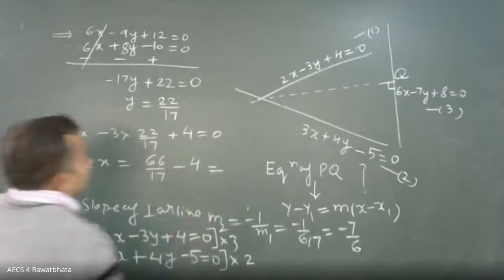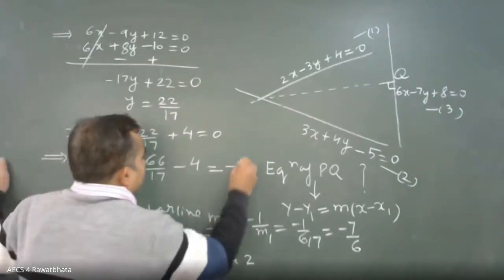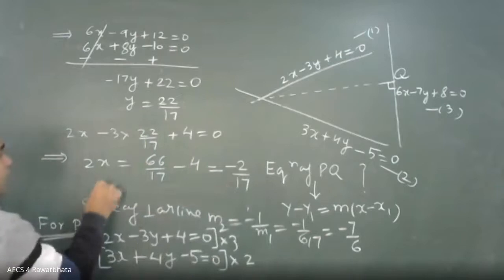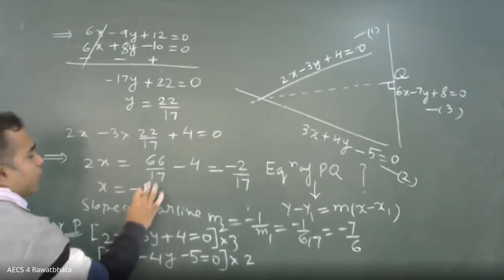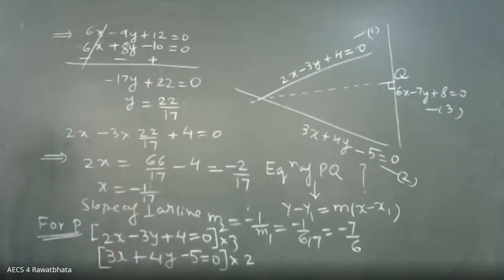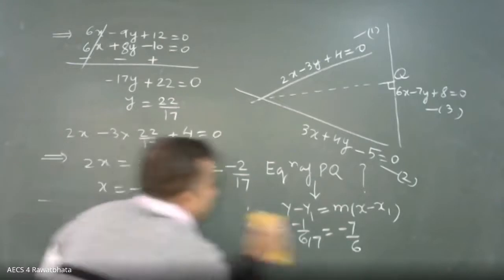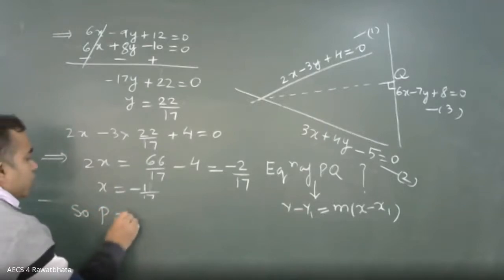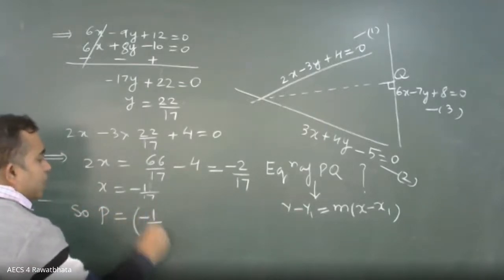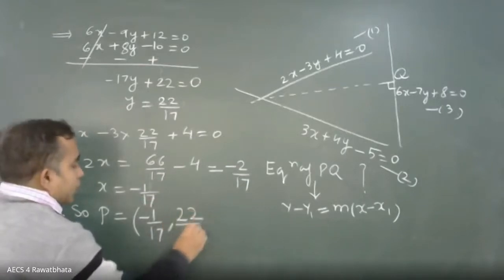This will be how much? 17 fours are 68. 66 minus 68 is minus 2 upon 17. So x equals minus 1 upon 17. Okay, so here I get the point of intersection. I got x and y. So P is equal to minus 1 upon 17, comma 22 upon 17.